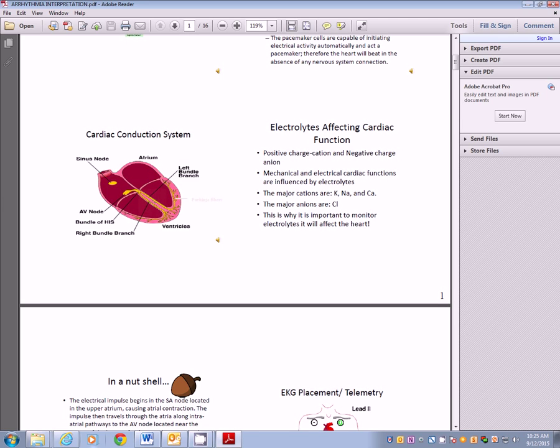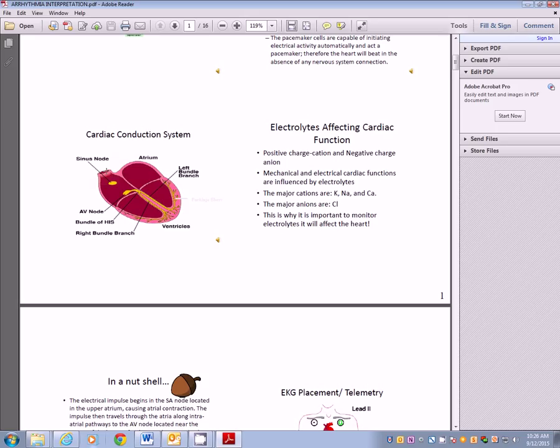We know there's the bundle of His that's located in between here. And then it branches off into the right and the left bundle branch, and then into the Purkinje fibers.